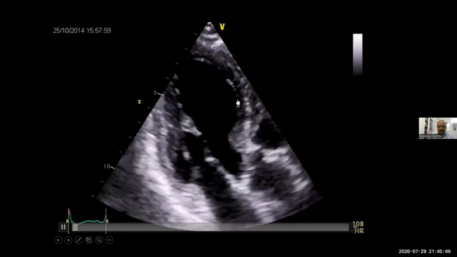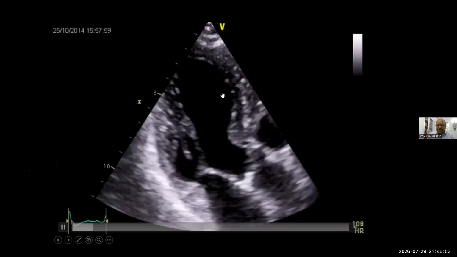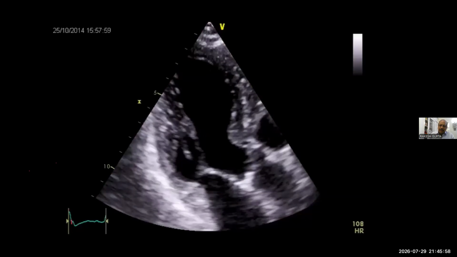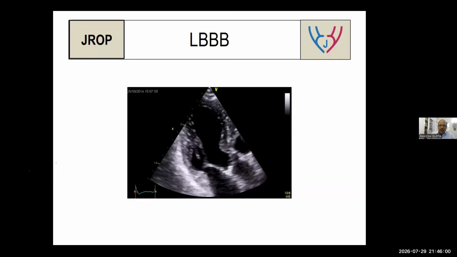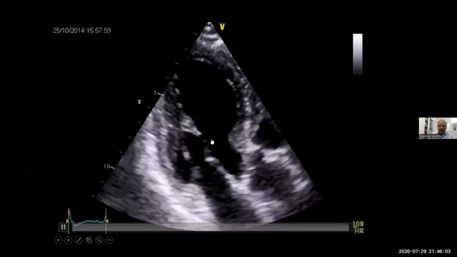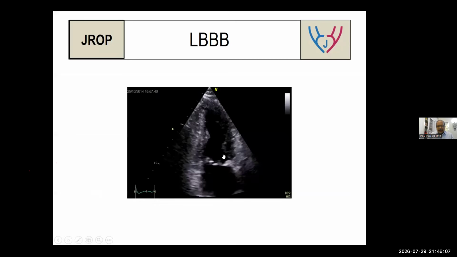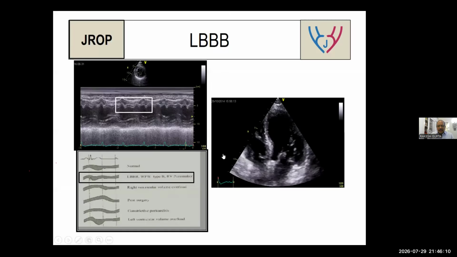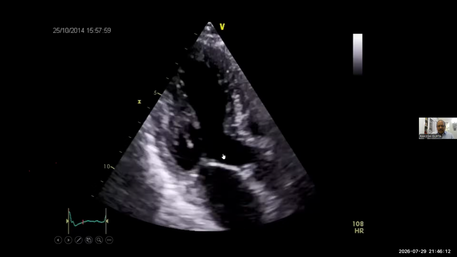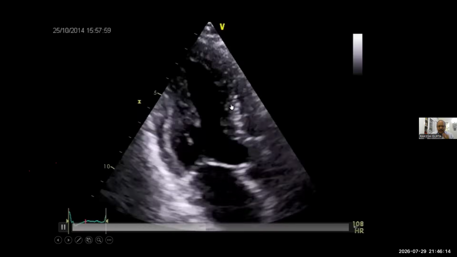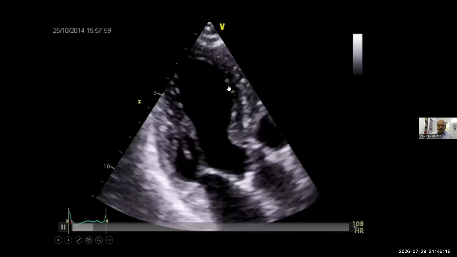Look, this segment is thickening, but it shows a jerky motion. And that is known as left bundle branch block. And you will be able to realize left bundle branch block when you see the ECG. You'll say the patient has got an LBB pattern. And when you look at the echo pattern of this LBB, this segment is very well contracting. This is mid-anterior septum, which shows a jerky septal motion.